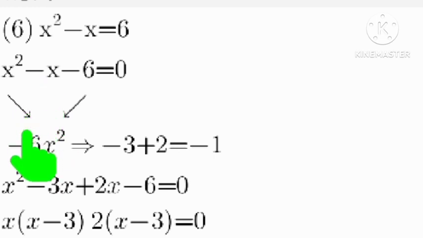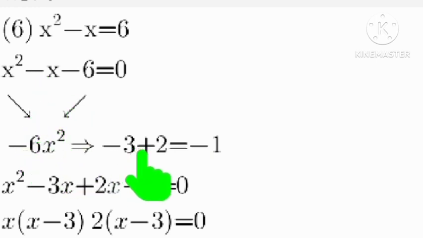With your knowledge of multiplication, you know that 3 times 2 will give us 6. But now you have to look for a way to make one of the two numbers negative so that the final answer is negative 1. So minus 3 plus 2, which is the same thing as 2 minus 3, will give you negative 1, which is exactly what we are looking for. What is here is negative 1x, but we just ignore the 1 because it's not significant.